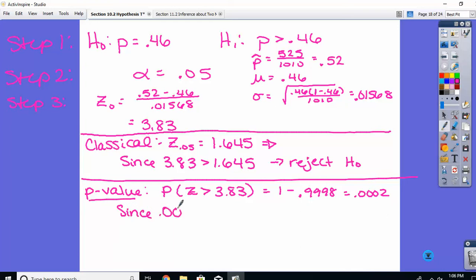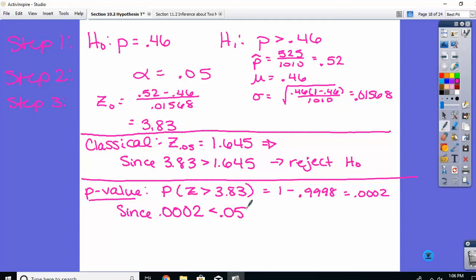So this probability is less than, what was my level of significance in this problem? 0.05. Okay, what that means is if the null hypothesis is true, if the true probability is 0.46, the probability of getting the result we did is 0.02%.